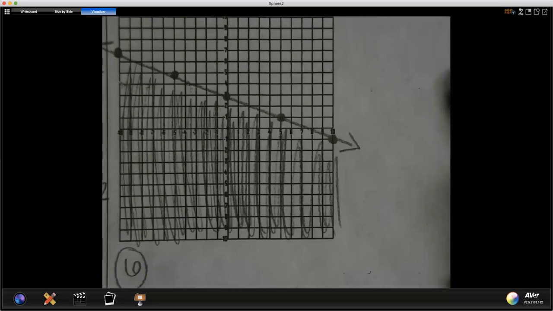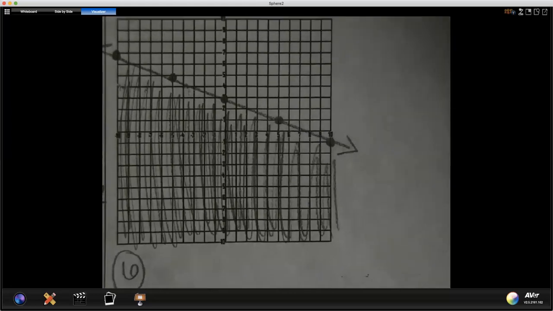This is your last one for today. Try number 6, same concept. Where's the y-intercept? What's the slope? Indicate what type of line it is so you know what type of symbol. I'm going to give you 2 points to get started just to help you out visually.